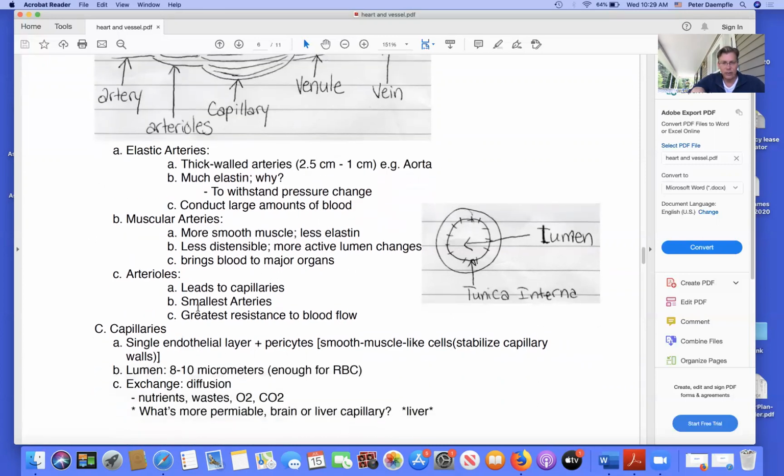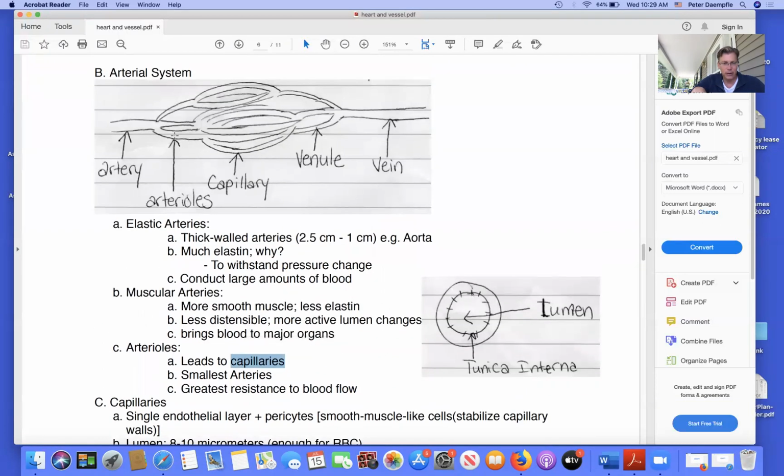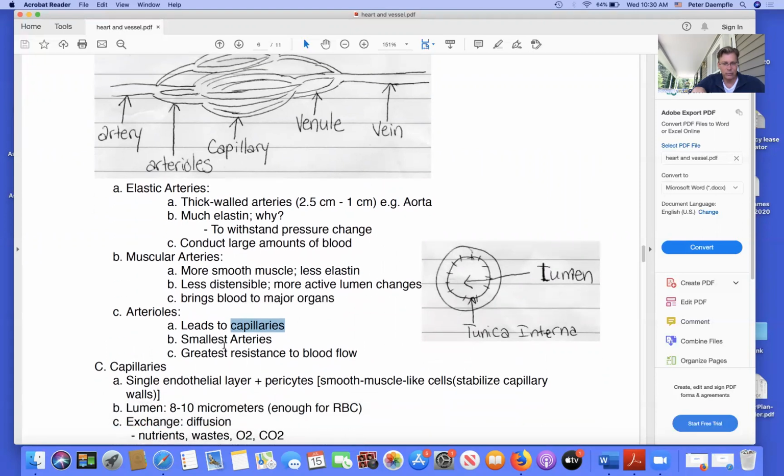And then finally, we lead to something called the arterioles, a vessel that moves, as you can see from this diagram, from the artery to the capillary. In a way, these arterioles are very small and almost more like capillaries than arteries. If you take a look at figure 13.11, you can see it.